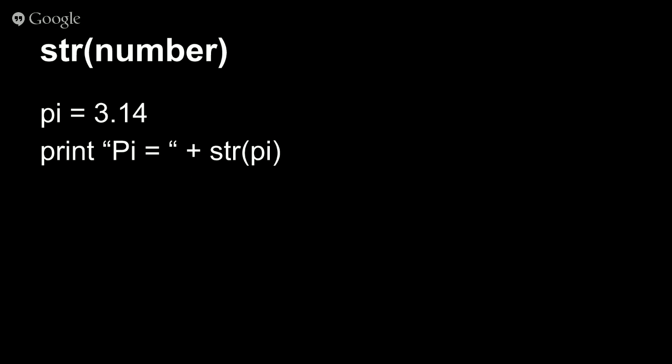But anyway, to turn a number into a string, I have pi, which is a variable, equal to 3.14, which, as you all know, is pi.